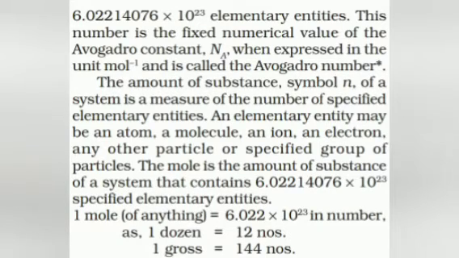The amount of substance, symbol n, of a system is a measure of the number of specified elementary entities. An elementary entity may be an atom, a molecule, an ion, an electron, or any other particle or specified group of particles. So the mole is the amount of substance of a system that contains this particular number of specified elementary entities.